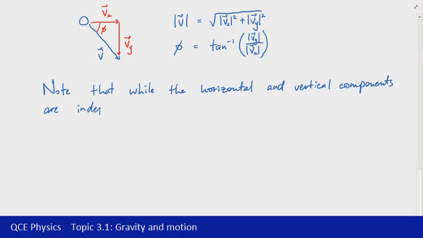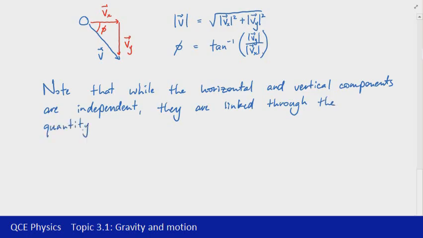So we can take the time of flight in the vertical direction and apply it to the horizontal direction to get how far it's moved horizontally. So they are still linked by time, and so that will be the way that we can figure out exactly how far or how high or how fast something is travelling based on how long it's been in the air, or what duration it's been in the air.